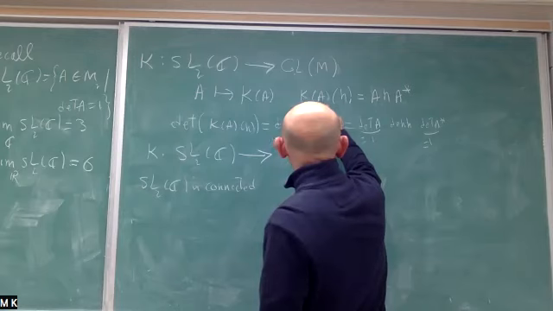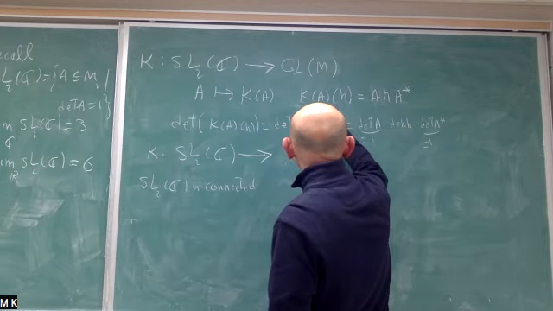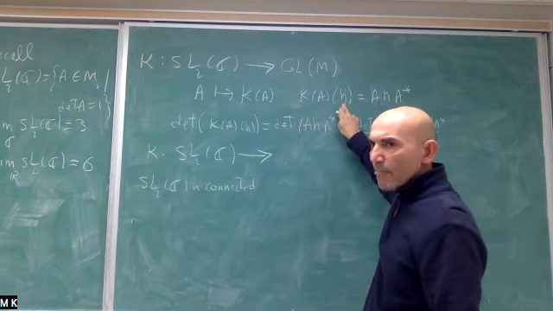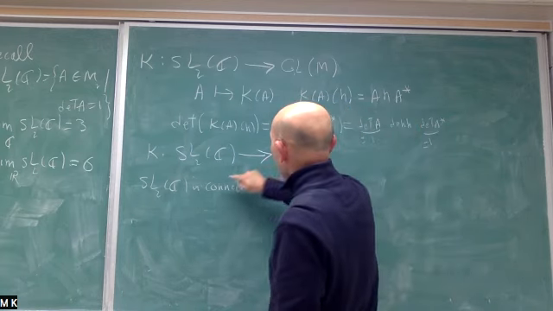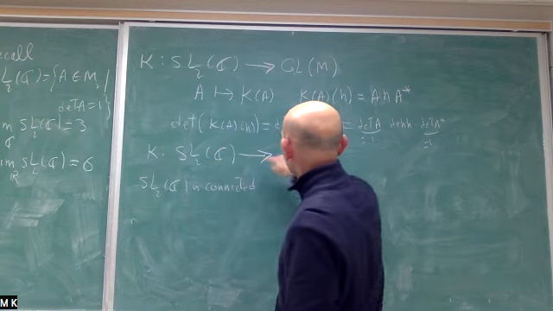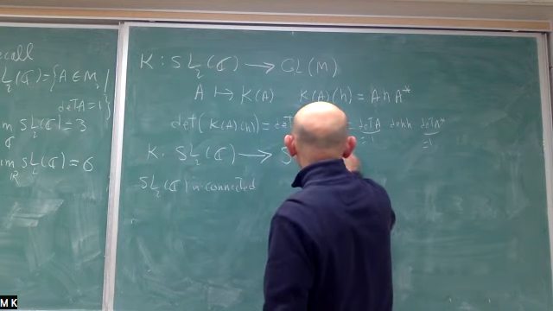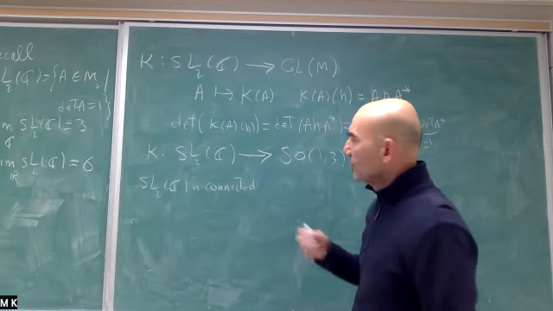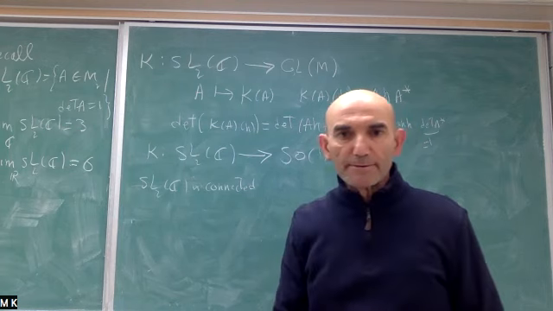So it sends this connected group into the connected component of the identity, so it sends it into SO(1,3). Now we also have to check that it sends into the part that has the things positive, so it really goes into SO(1,3) plus.